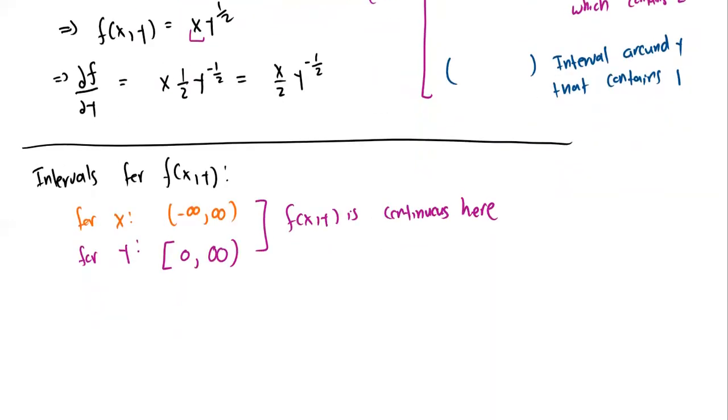Now let's look at the intervals for the partial derivative of f with respect to y. Let's look at this function here, and again we start with x. We have x by itself, so there's no restriction on x here.